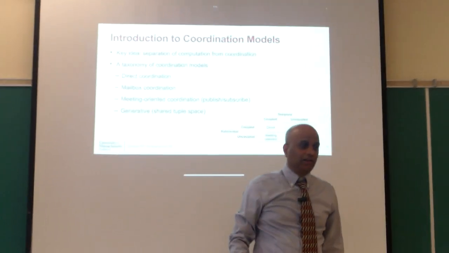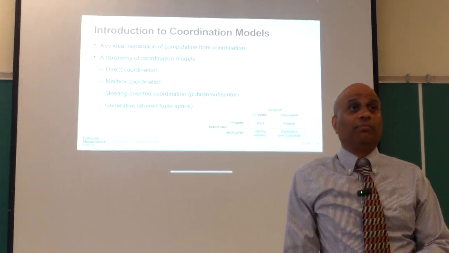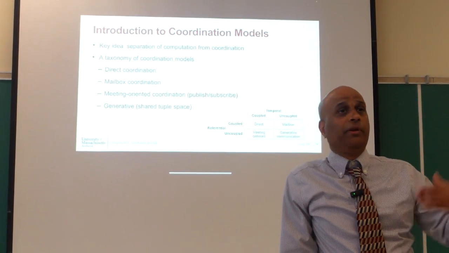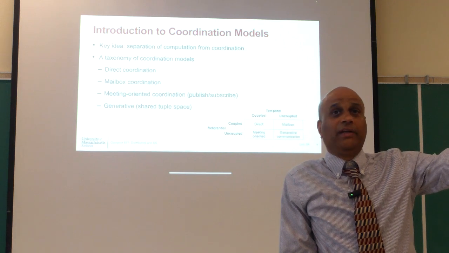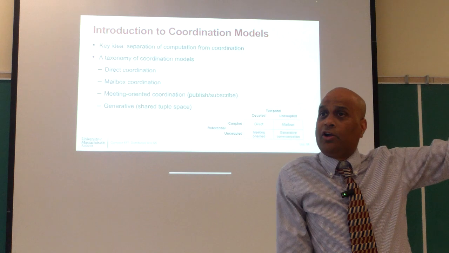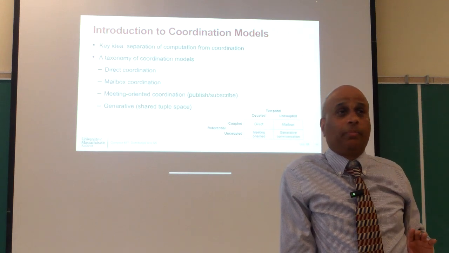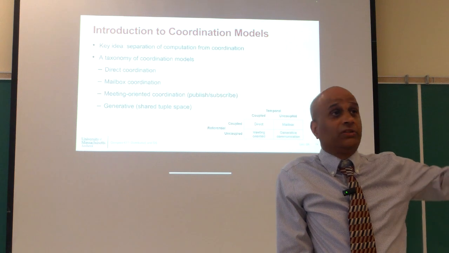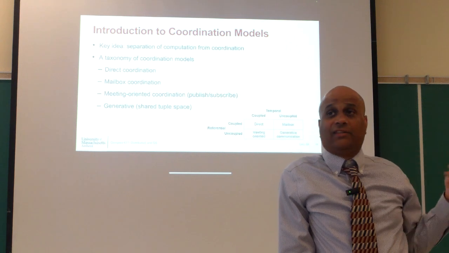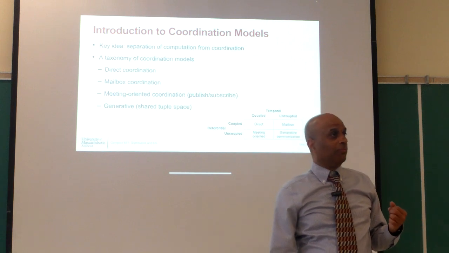The third type of coordination is meeting room coordination. This is more like publish-subscribe. Maybe you announce a meeting, you put it on the event calendar, saying there's going to be a talk, some speaker is going to come and talk about this topic. Now you posted this, you did not address that to anyone in particular, and moreover you don't know who's actually going to come to the talk.